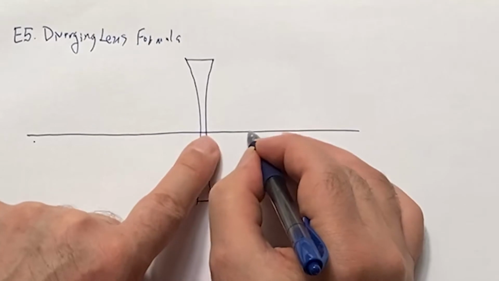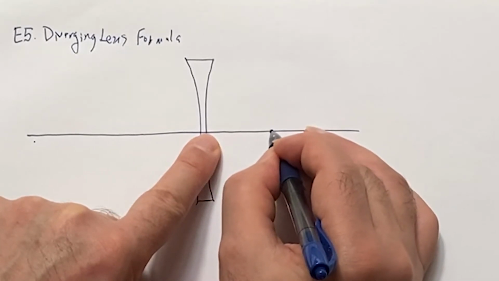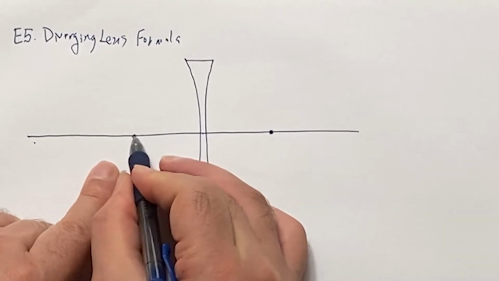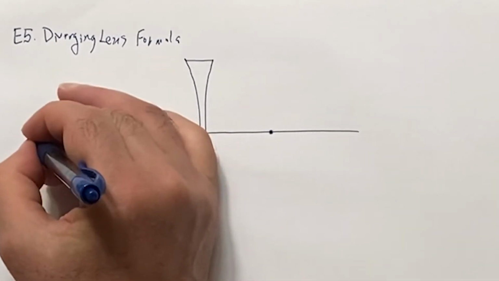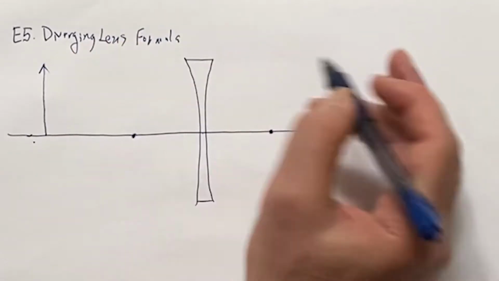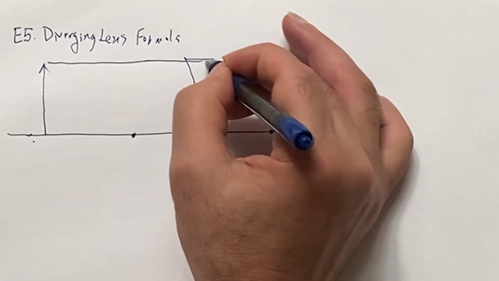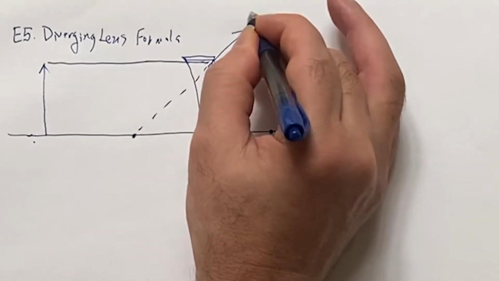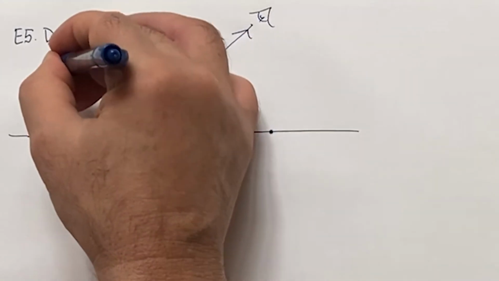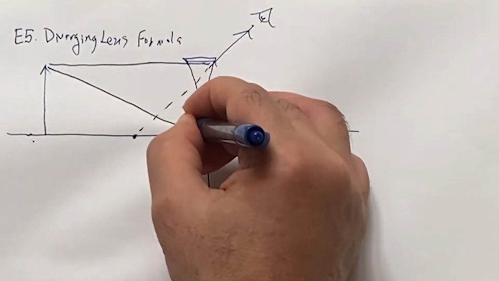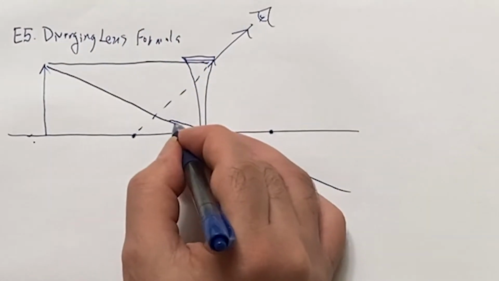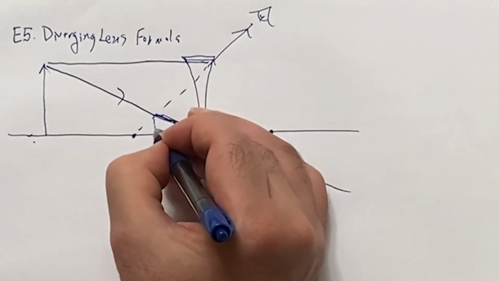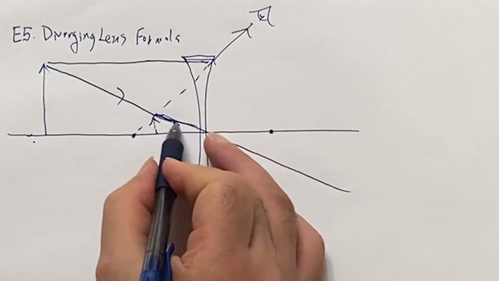And let's put a focal point here and a focal point there, and have some object there. Hit the lens, and this is going to go up like this. And then one here through the center. Straight through, and there's your cute little image.